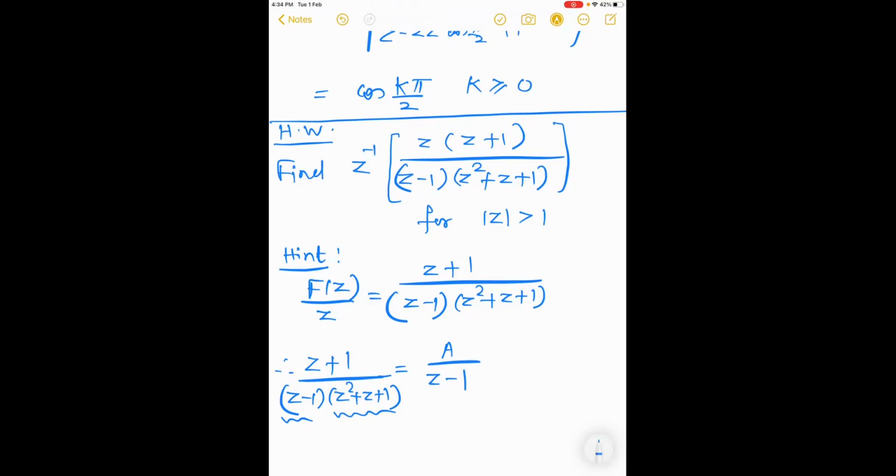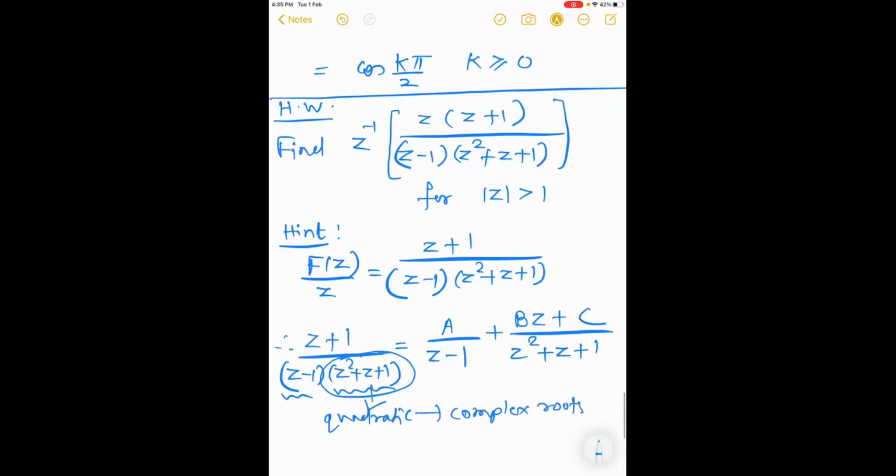Like in the previous case you obtained the factorization, but in this case the factors are complex numbers, so you cannot split it into real factors. So keep it as it is and write the numerator as Bz plus C upon z square plus z plus 1 for this particular factor. This is a quadratic factor with complex roots, so we are keeping it as it is.